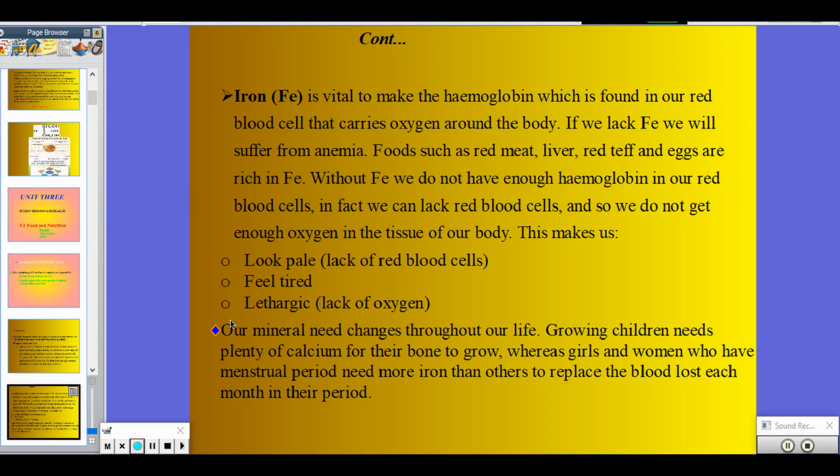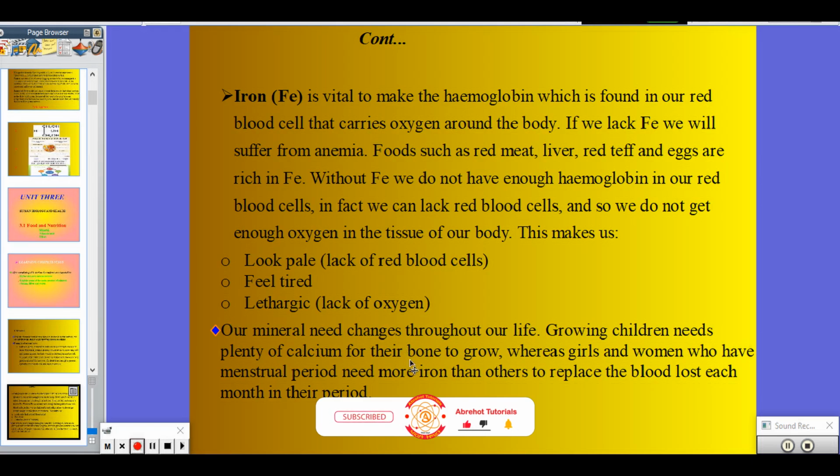Foods such as red meat, liver, beef, and eggs are rich in iron. Without iron, we do not have enough hemoglobin in our red blood cells. In fact, we can lack red blood cells, and so we do not get enough oxygen to the tissues of our body. This makes us look pale, feel tired and lethargic from lack of oxygen.